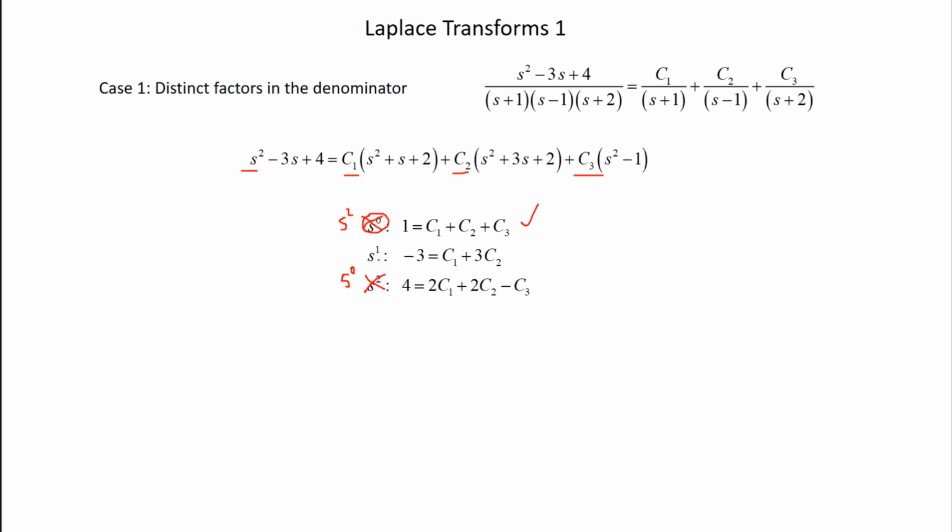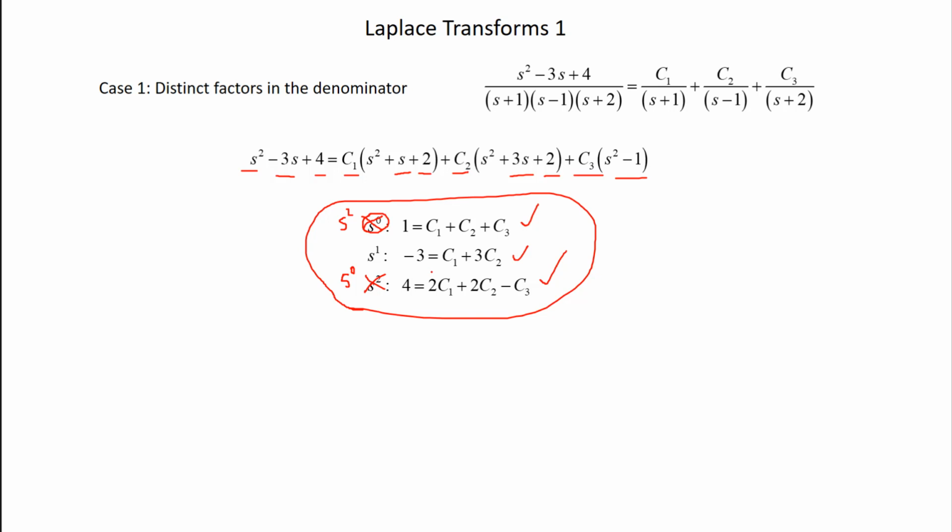The s to the first power terms are a minus 3 here, and then you have a c1, a 3c2, and then there's nothing here, so that's this equation. And then the s to the 0th power terms are 4, a 2c2, a 2c1, a 2c2, and a minus c3. So that's this equation here. So you should always end up with three equations and three unknowns, and you can solve those, and that's how you get c1, c2, and c3.